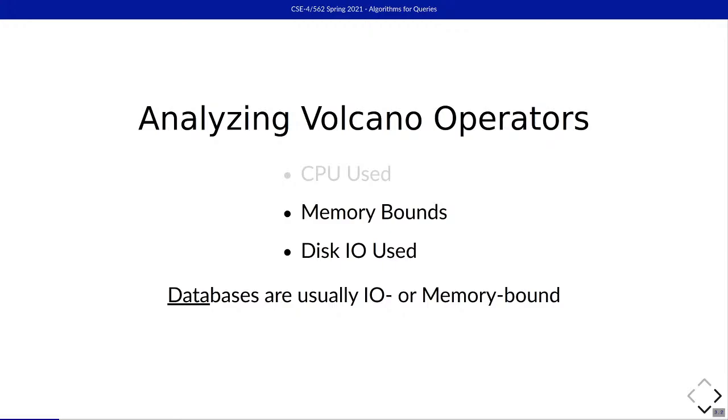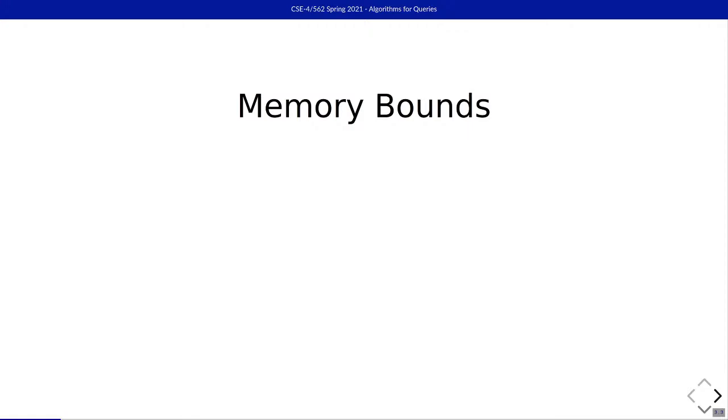Right, so let's talk about memory and I/O. With respect to memory, we're really interested in memory from a very coarse perspective. We're not really looking to compute the precise amount of memory that the algorithm uses.